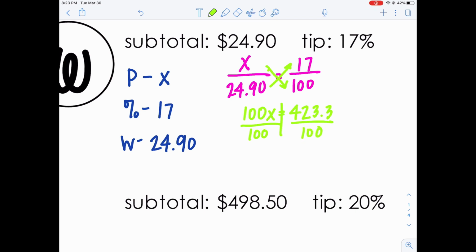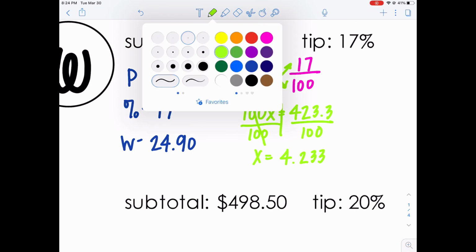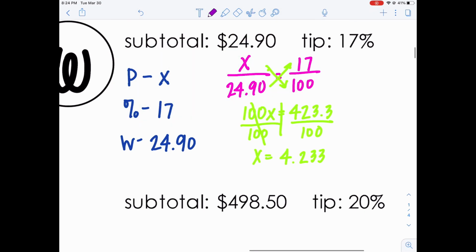To solve this, I'll split it down the equal sign, and then divide both sides by 100. Dividing by 100, I get X equals 4.233. Now we can stop here because remember, money is always rounded correctly to 2 decimal places. Rounding rules apply. So if it is a 1 through 4, the number stays, and if it is a 5 or above, it rounds up. That 3 tells the 3 in front of it to stay.